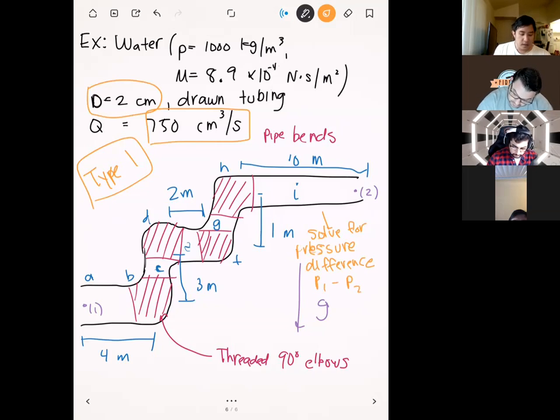Because the flow is going to go from the bottom left up to the top right. And in order to flow that way, there needs to be some difference in pressure between the inlet and the outlet. And that's what we're going to be solving for. Any questions on the problem setup? I know there's kind of a lot going on with this figure, so if you guys need more time to write it down, just let me know.